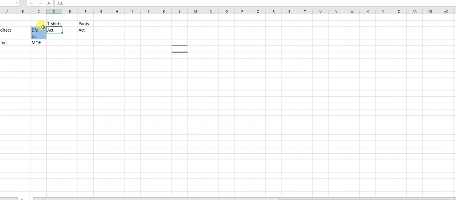And I'm not talking about individual t-shirts, saying, oh, I was better on this one and only took 2.2 yards, and the next one I took 2.0, and the next one I took 2.3. Generally, you'll say, okay, I made 100 t-shirts and used 200 yards, so it's on average 2 yards each. So I have my direct materials, it's actual. Same thing with pants. For direct labor, I also generally use actual.